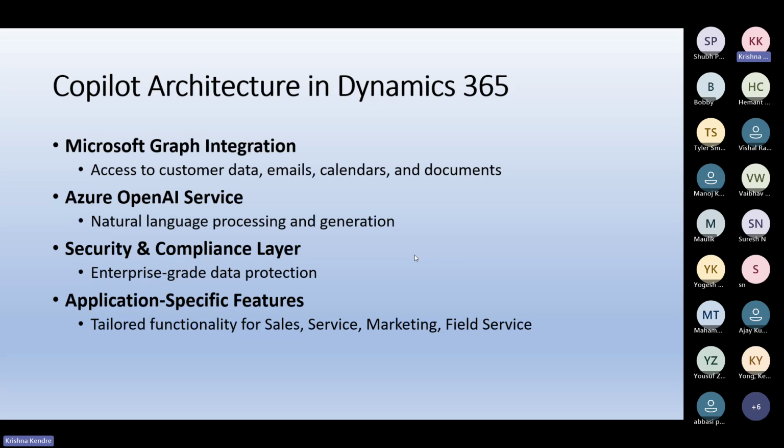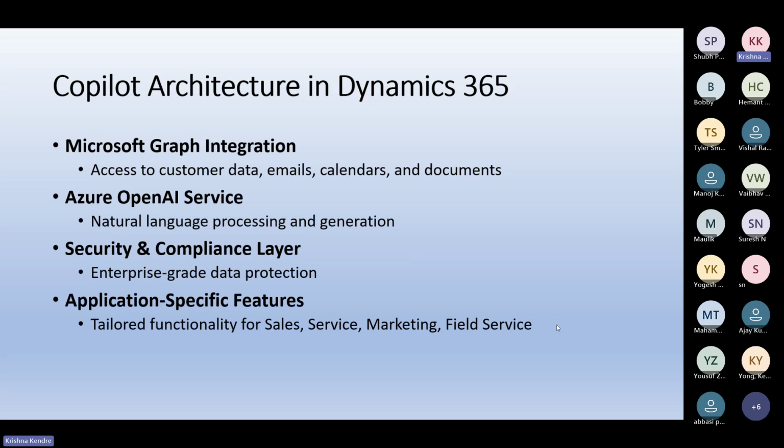First, Microsoft Graph integration. At the foundation, Copilot is powered by Microsoft Graph, and this gives it access to organizational data like customer records, emails, calendars, Teams chat, and documents, so that responses are not generic but personalized and contextually relevant.